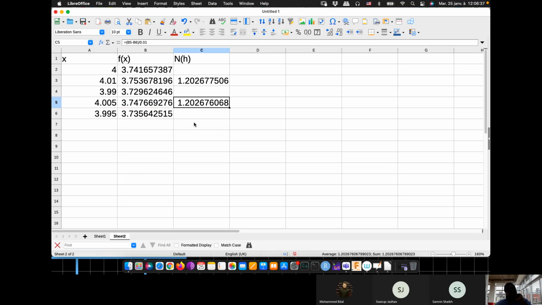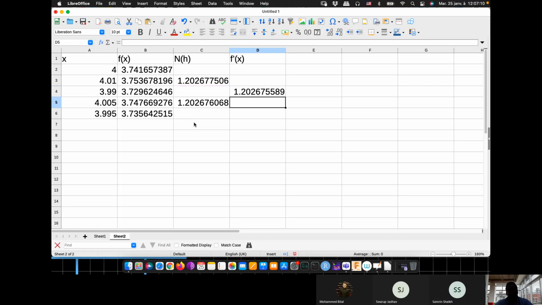Now you have to say 4 times N(h/2) minus N(h), divided by 3, isn't it? So you are going to say 4 times N(h/2), this value, minus N(h), this value, divided by 3.